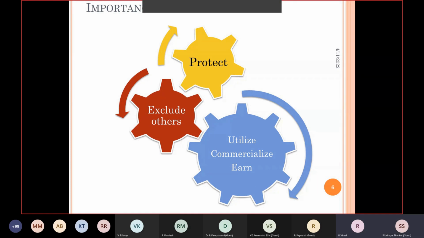Why do you need to protect? You need to protect your tangible property like your building or car by way of documents or by putting a border. Otherwise, another person will encroach your property. The same way, I want to put a border, a protection for my knowledge.